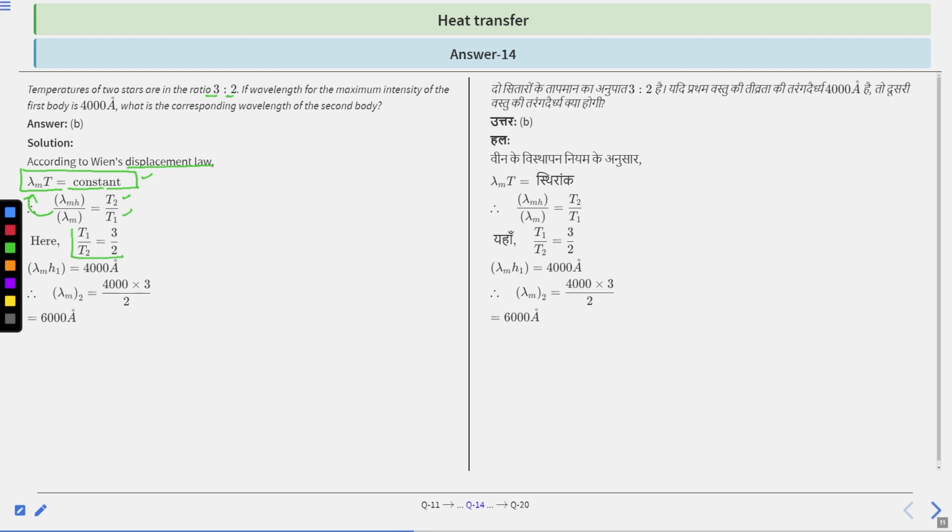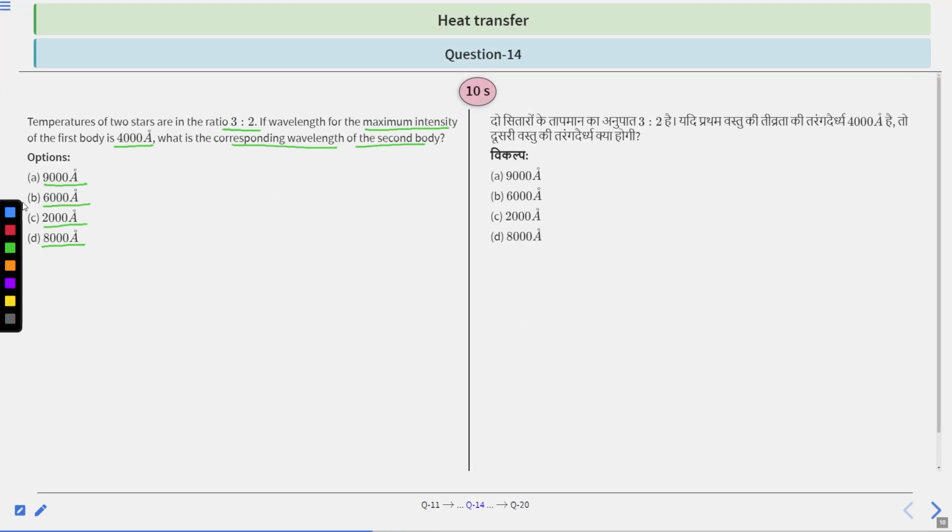Solving this, lambda m1 is equal to 4000 angstrom, and lambda m2 is equal to 4000 multiplied by 3 divided by 2, which after calculation becomes 6000 angstrom. So 6000 angstrom is the correct option. Next question.